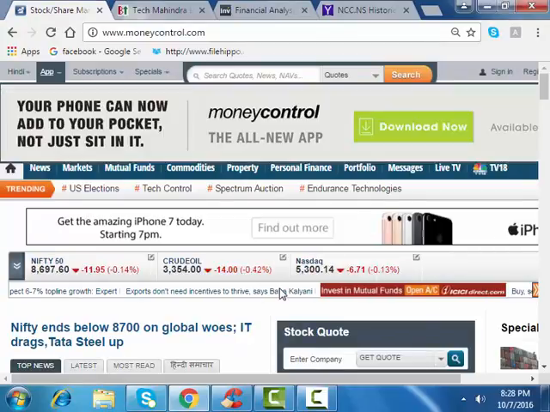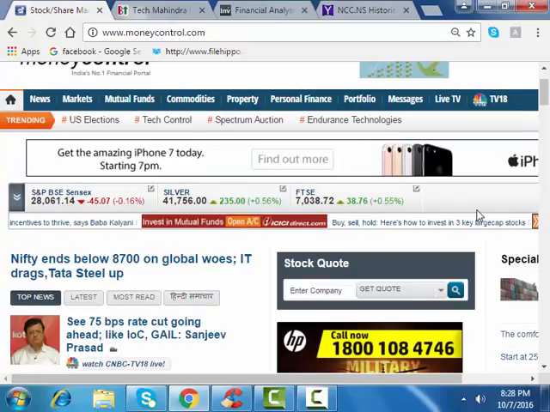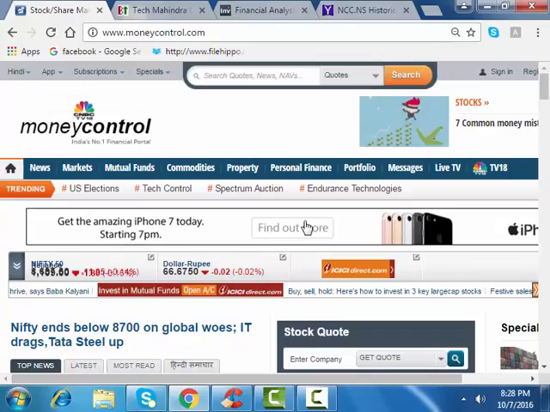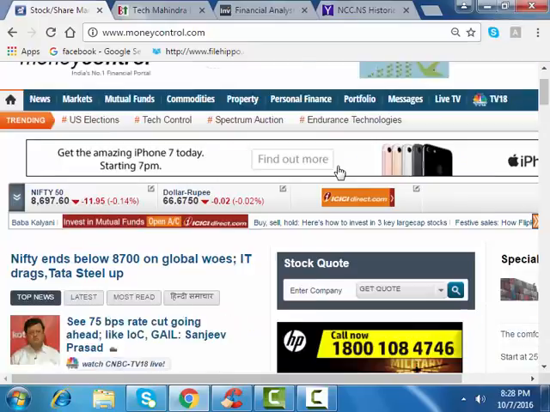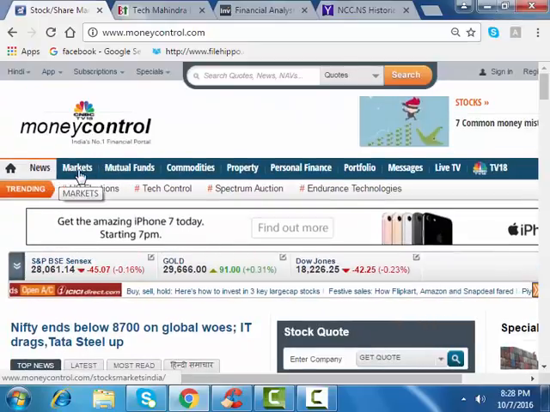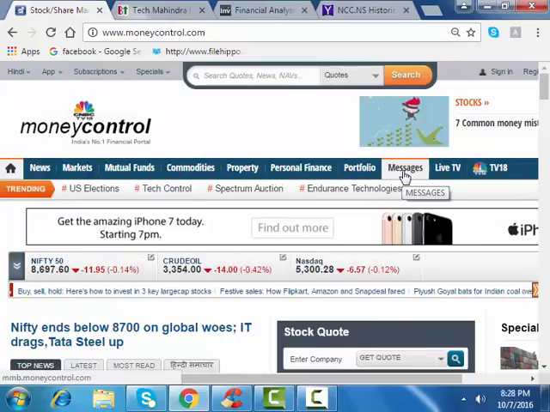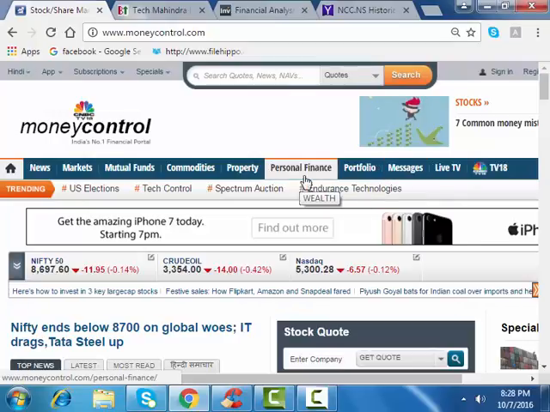Next website is moneycontrol.com. This is a very popular and famous website. Here you can see prices of any stock, commodities, currencies and everything. News, markets, commodities, and you can also manage your portfolio here, and messages related to any stock.